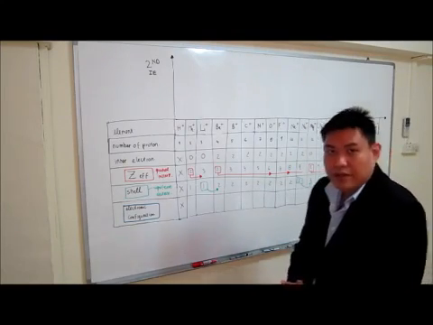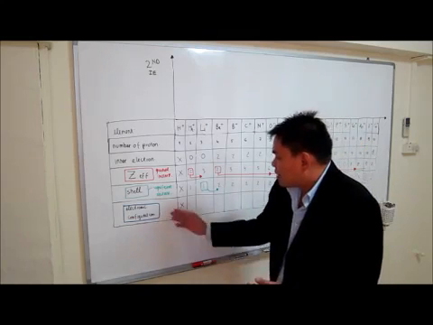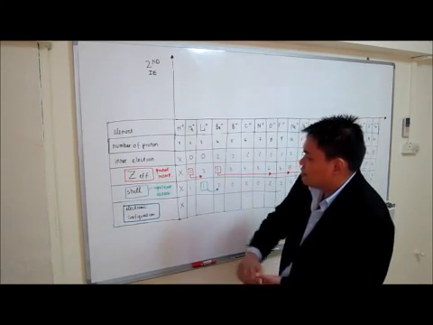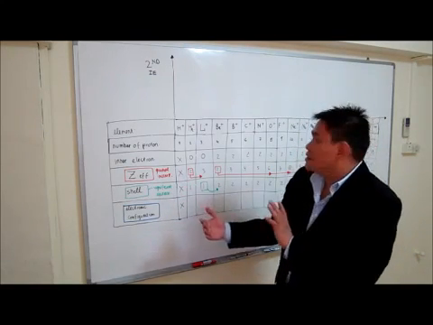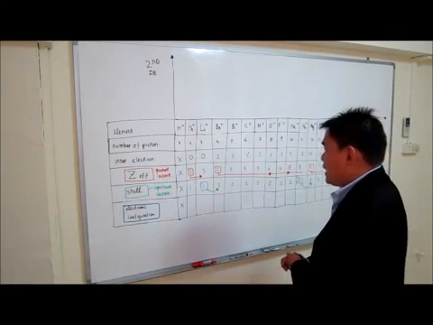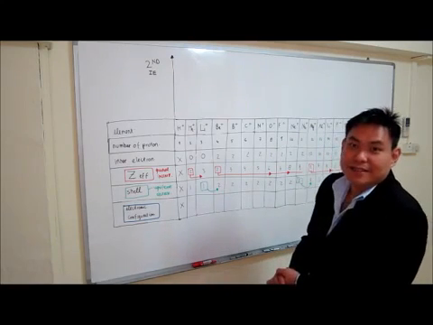How about the electronic configuration? This also affects it, even though the effect is not as strong as the number of shells and effective nuclear charge. Because some of these cations have a stable electronic configuration.